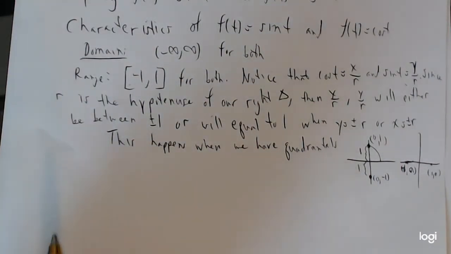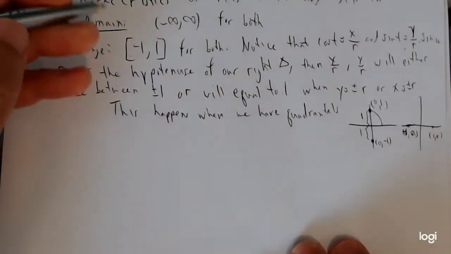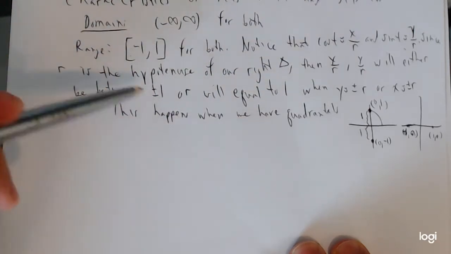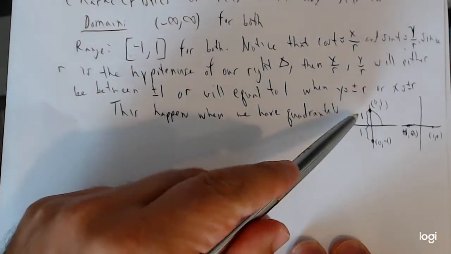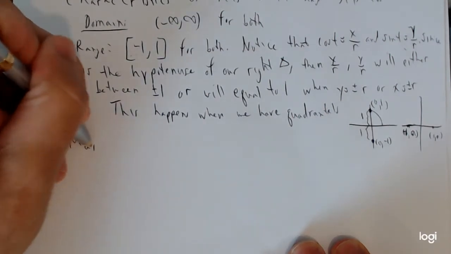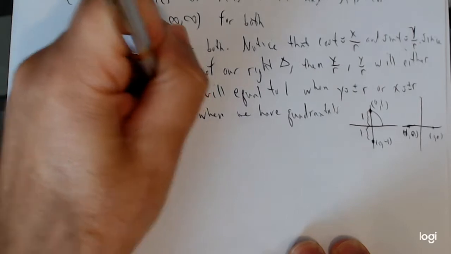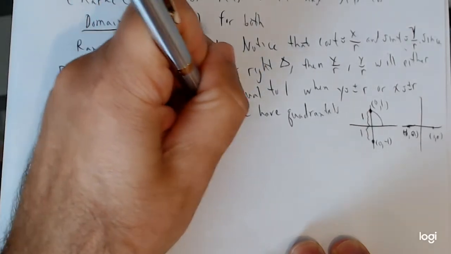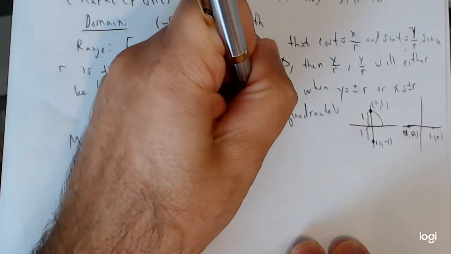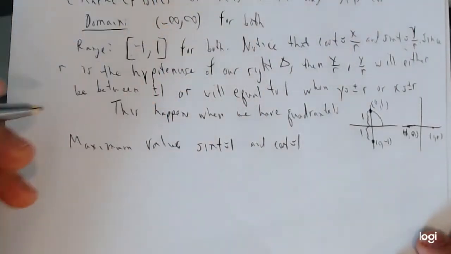So that's when we have these specific cases. Let's now see what that basically means here. We notice that, hey, since the largest x and y could be 1, we would say that the maximum value of sine of t equals 1 and cosine of t equals 1. So those are the maximum values.